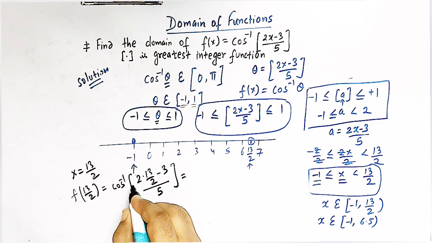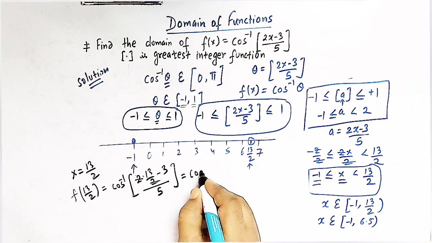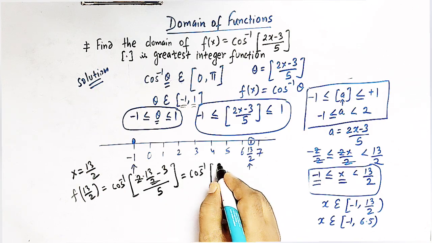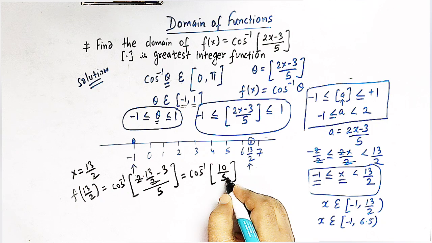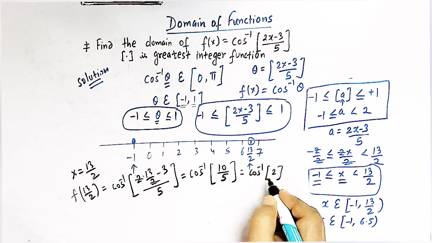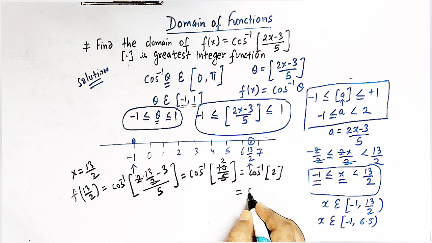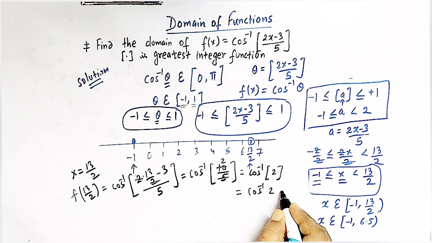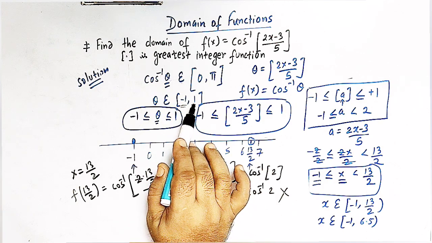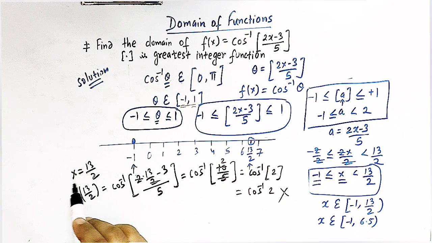So we can see that 2 and 2 get cancelled, and 13 minus 3 is 10, and we have 10 over 5, that is cos inverse of the greatest integer of 2. The greatest integer of 2 is 2, and we can see that 2 is not included in this interval. So we have to discard x equal to 13 by 2 from the domain.